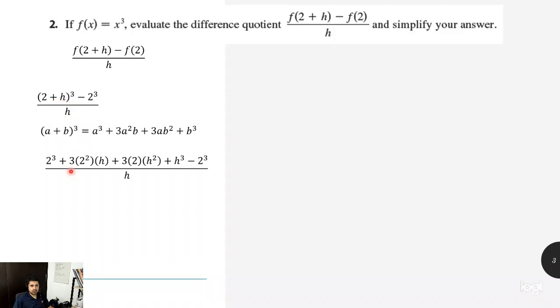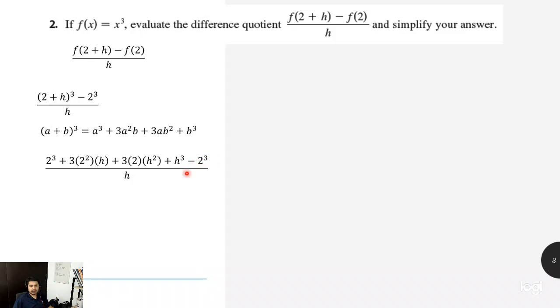So we have 3 times 2 squared times h, plus 3 times 2 elevated to 1 times h squared, plus h cubed, minus 2 elevated to 3.